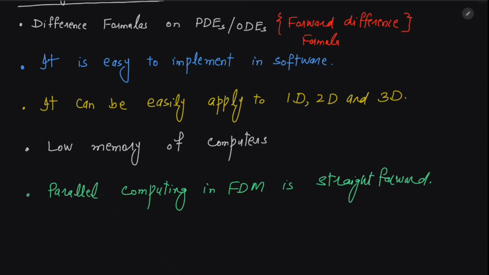You don't need to put a lot of effort into writing your code in parallelized form. There is no difficult way to write a code in parallelized form in FDM. So it is also straightforward.